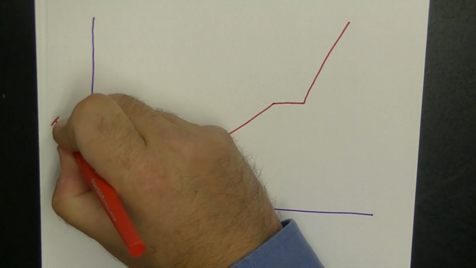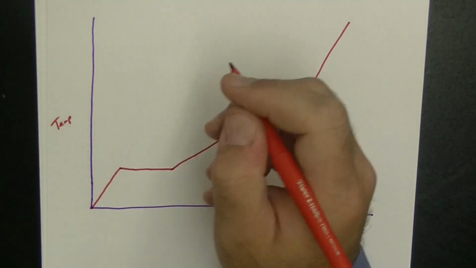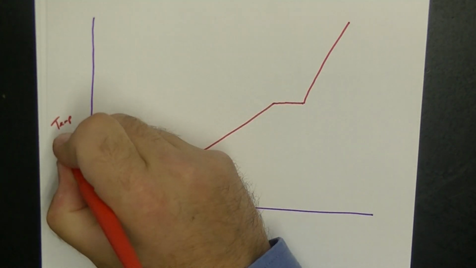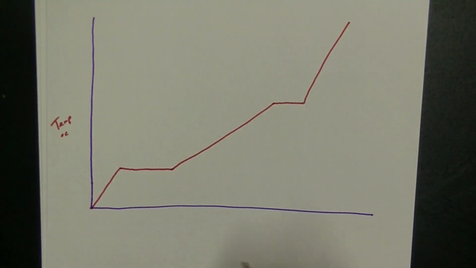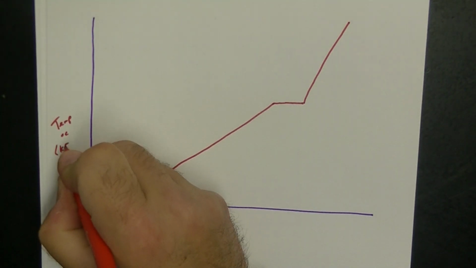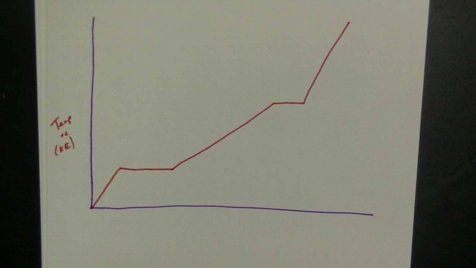Over here is temperature, usually in degrees C. Remember, this is a measure of our kinetic energy. Down here, usually it's time, or it can be energy, so we could be in joules.